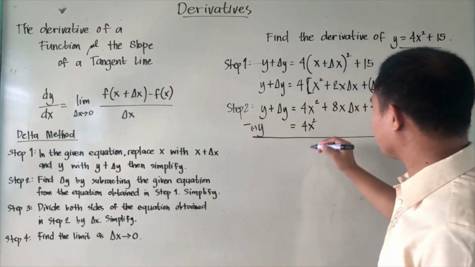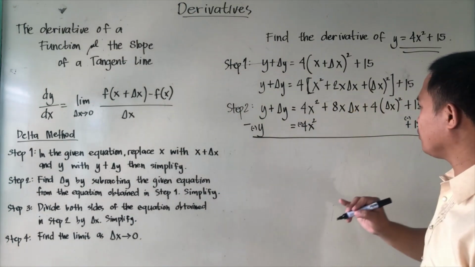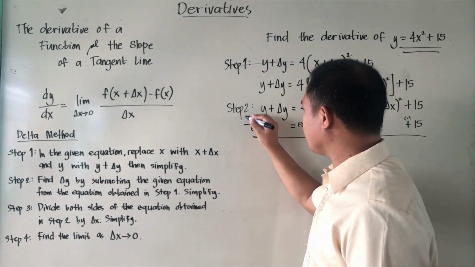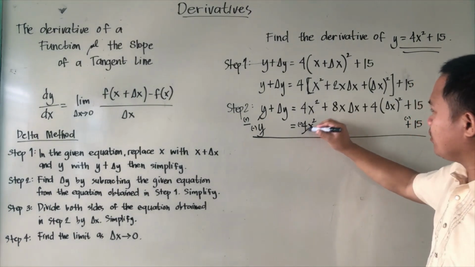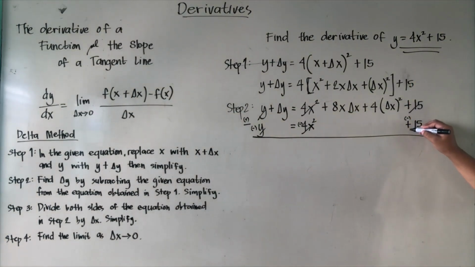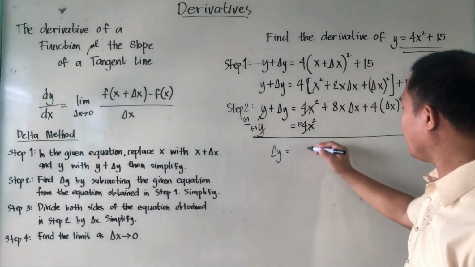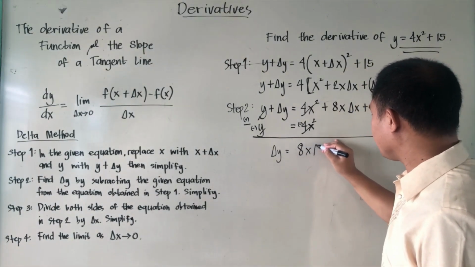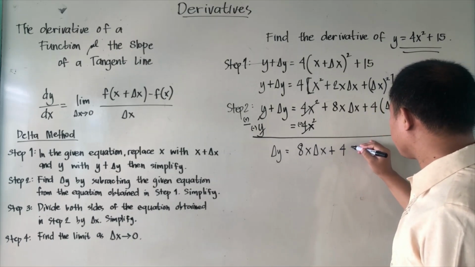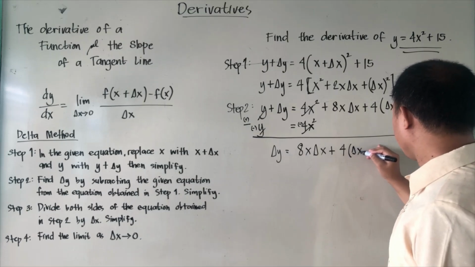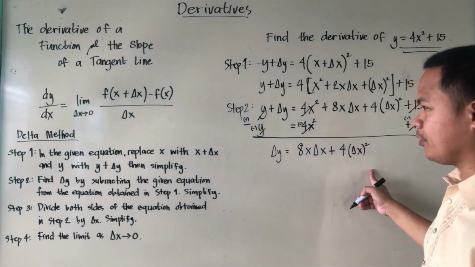So this becomes subtraction, this becomes minus or negative, then proceed to addition. So we need to cancel this. Also, we need to cancel this and this one cancels. So what is left? Delta y is equal to 8x delta x plus 4 times delta x squared. This is the simplified form.